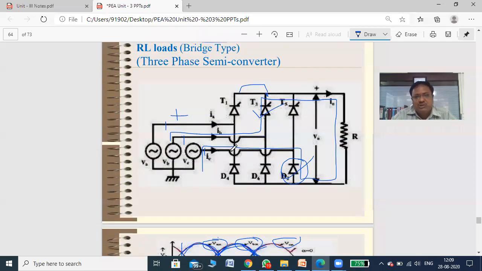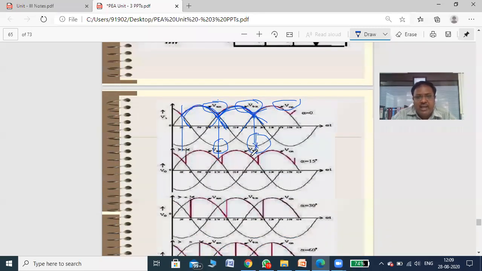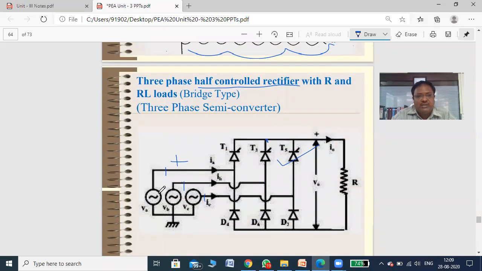If C is the most positive, then thyristor T5 is in forward bias condition, right? At the same time, phase A is most negative. If phase A is most negative, then diode D4 also is in forward bias condition.